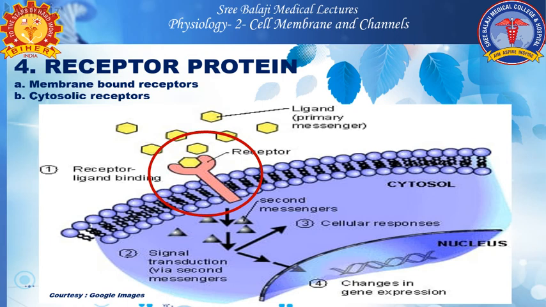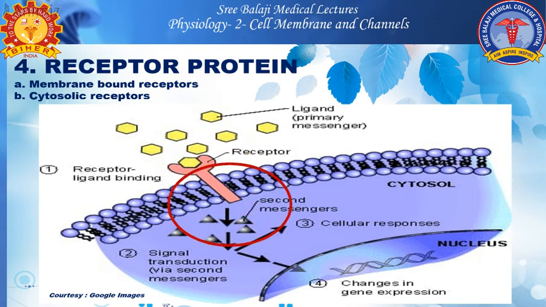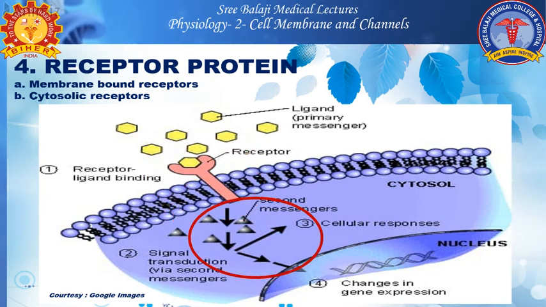So when the substance comes and binds over the receptor, a substance receptor complex will be formed. This makes a change in the receptor. So whenever an extracellular stimulus is given, this extracellular stimulus will produce an intracellular response. So this receptor will produce a response inside the cell, which is known as intracellular response.